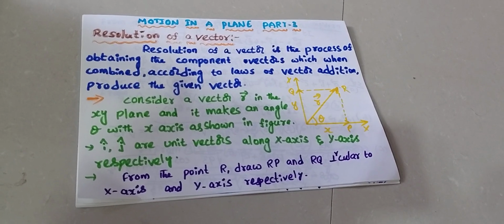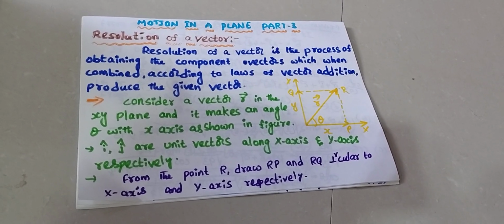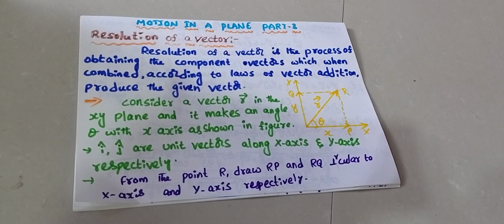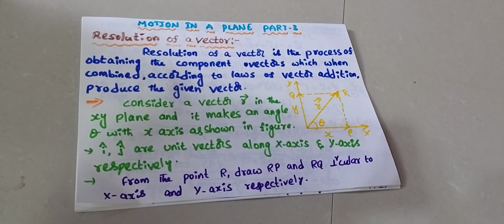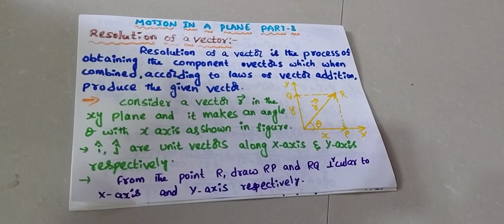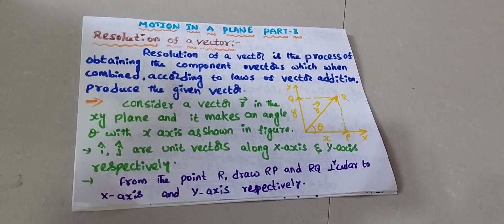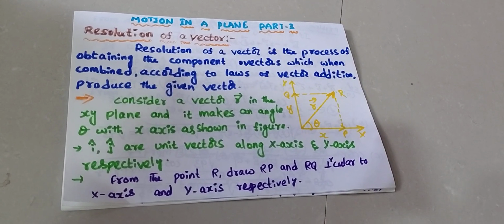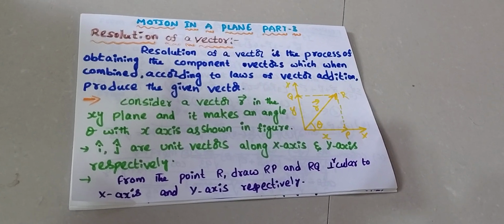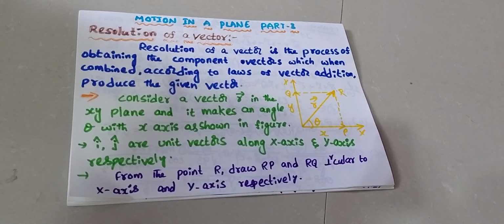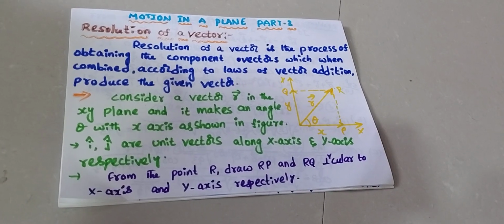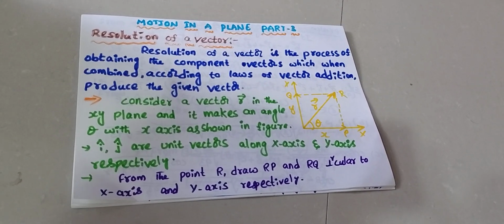Let us consider one origin. The vector is resolved into two components, along the x-axis and along the y-axis: the x component and the y component. The x component along the x-axis, making an angle theta, is cos theta.